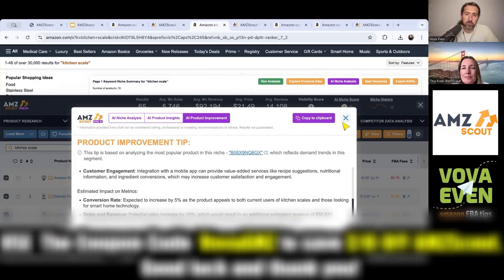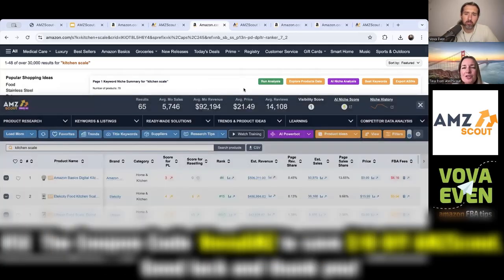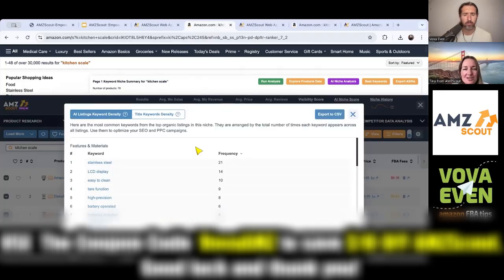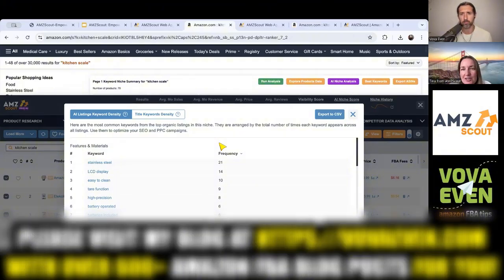Okay, I'll just go on with the next one, which is AI listings keywords, or keyword density. What sellers usually do is use keyword tools, which we also have, of course, and have had for years, that analyze the keywords listings are tracked and indexed for.